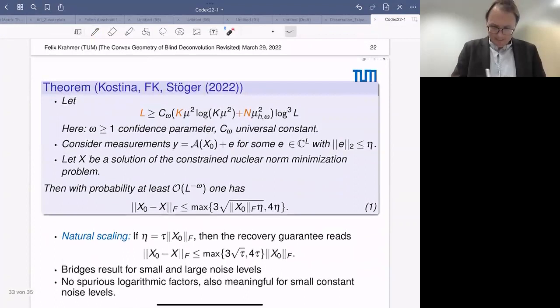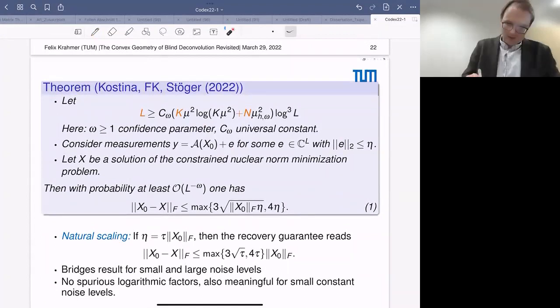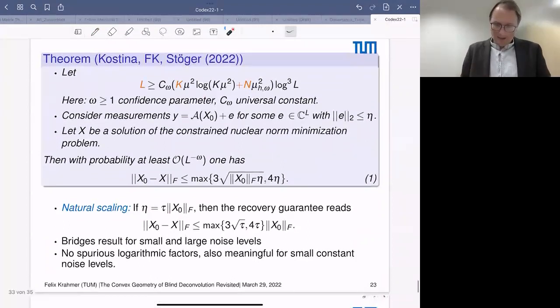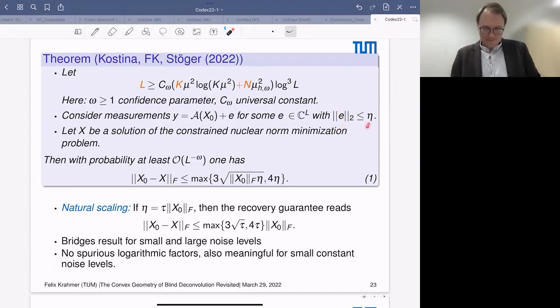The constraint here is very similar to what we've seen before. Some coherence parameters are entering the game, and we have basically something that's linear in k and n. Now, we're having some noise added, potentially adversarial noise added, with the 2 norm less than or equal to eta.